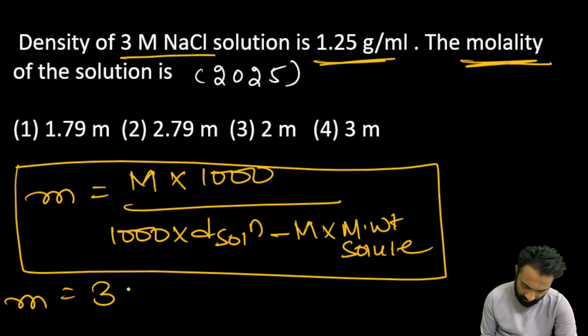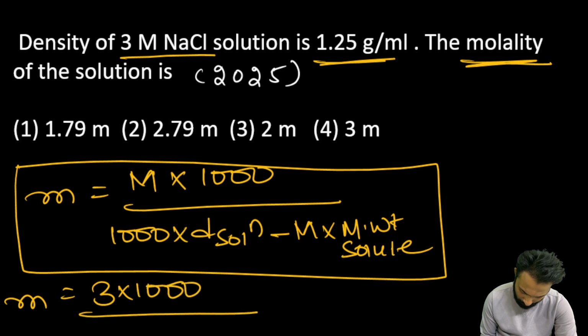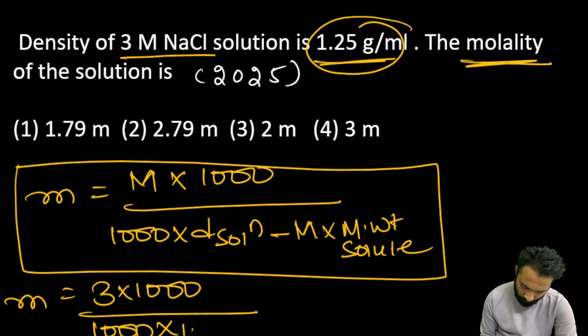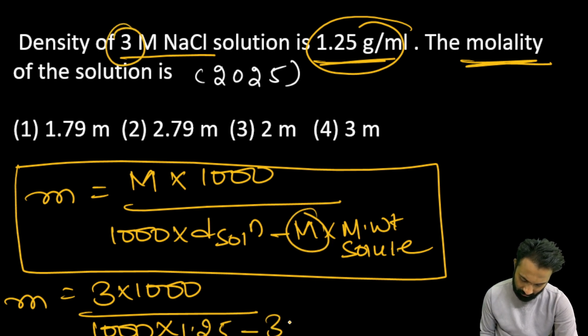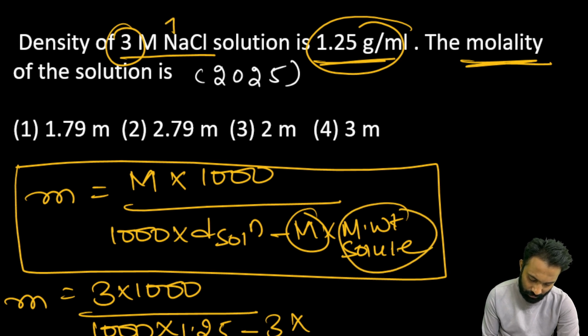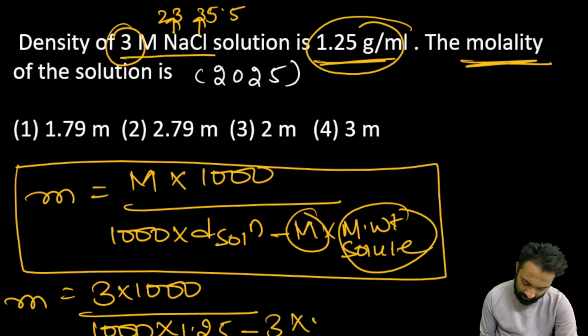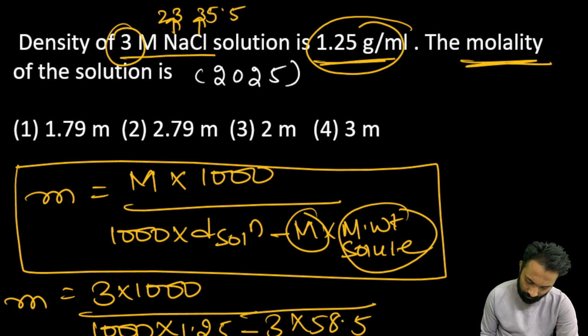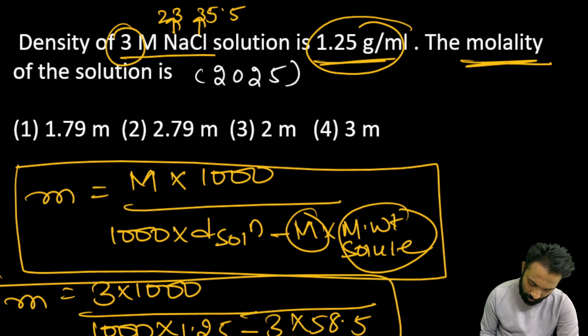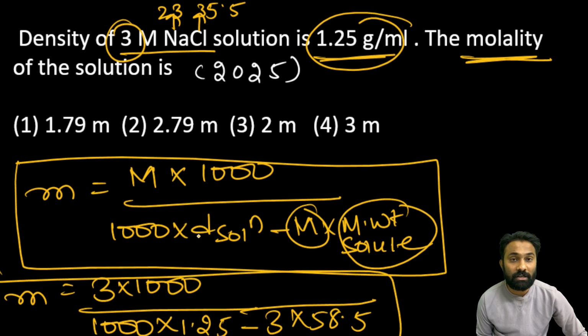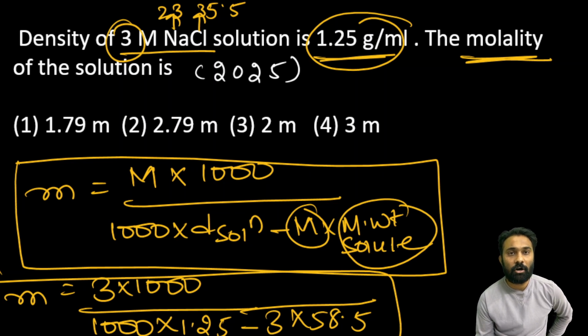Molality is equal to 3 into 1000 by 1000 into density of the solution, 1.25, minus molarity 3 into molecular weight of the solute. Molecular weight of Na is 23 and chlorine is 35.5. If you add, it will become 58.5. If you solve this, you will get the answer. What is the answer for this one? Comment it in the comment section.